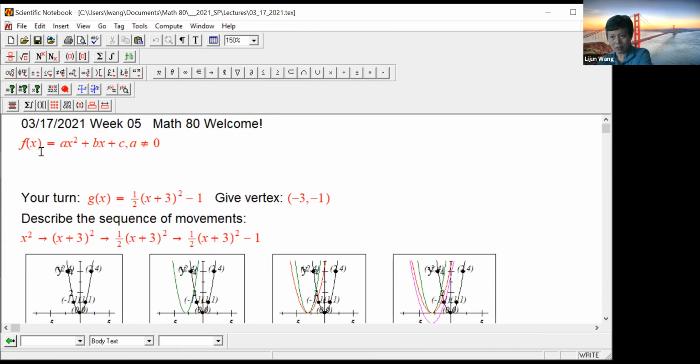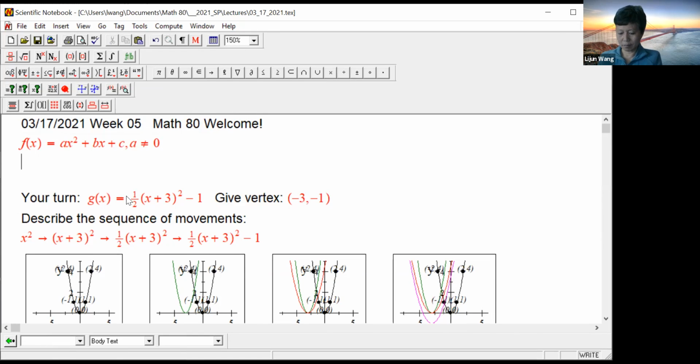We're going to study this function from what we have seen, when a is -1. Negative x squared.